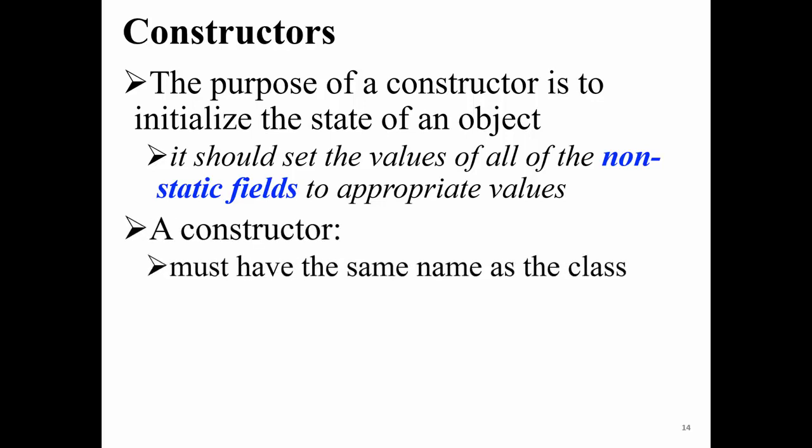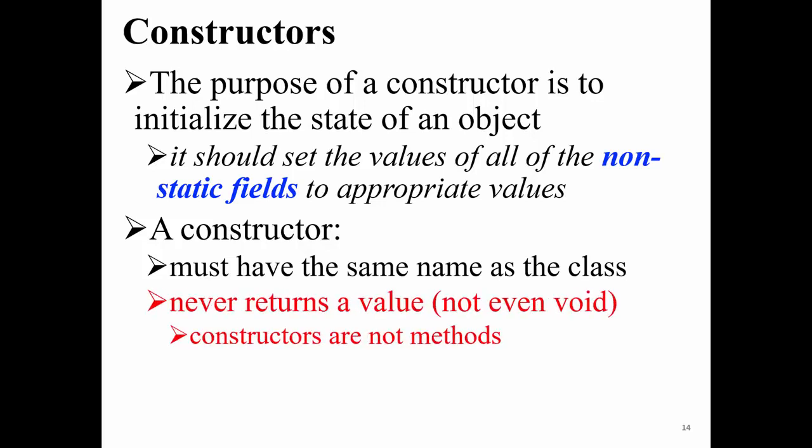Now you have some properties or constraints, you can call them. It's not optional, it's mandatory that the constructor name should match the class name. It never returns a value.